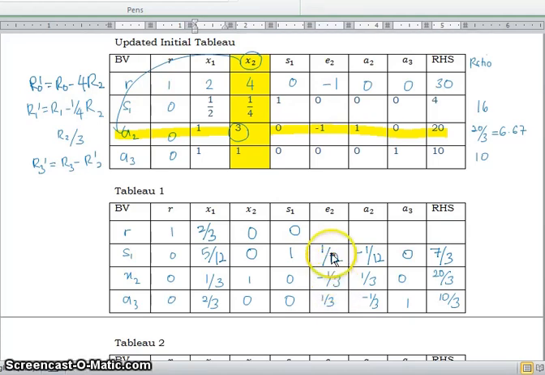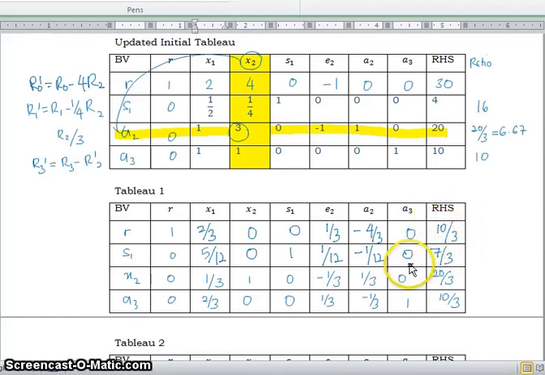We get 1 over 3. For A2, it is equal to 0 minus 4 times 1 over 3, so negative 4 over 3. And A3 is 0. The right hand side is 30 minus 4 times 20 over 3, which is equal to 10 over 3.